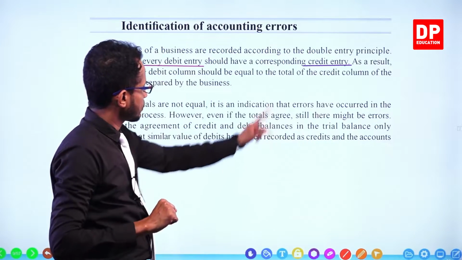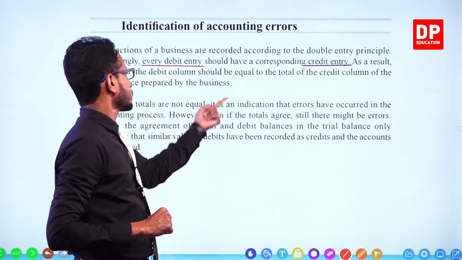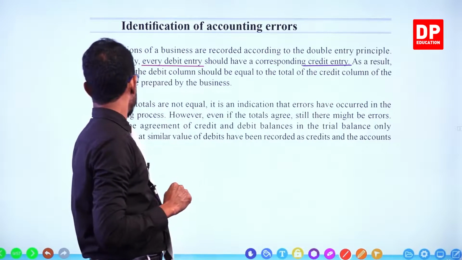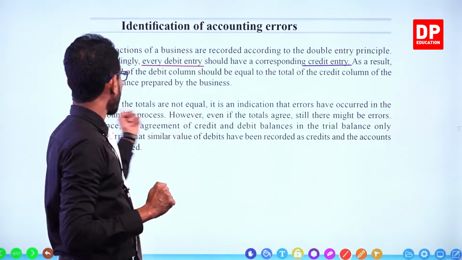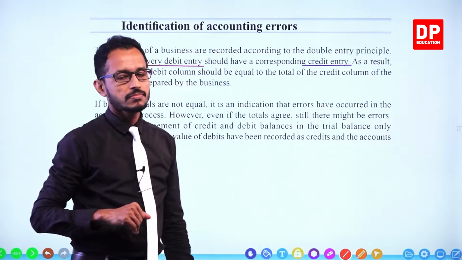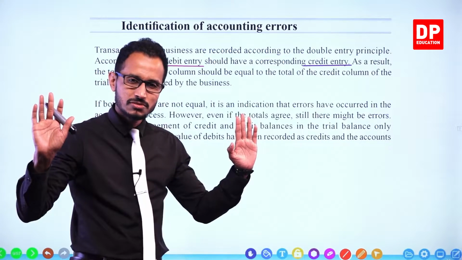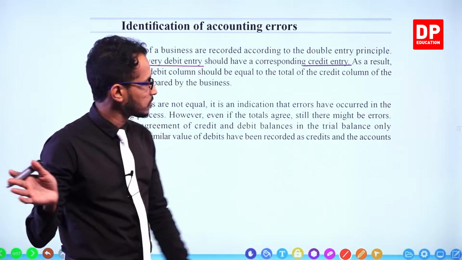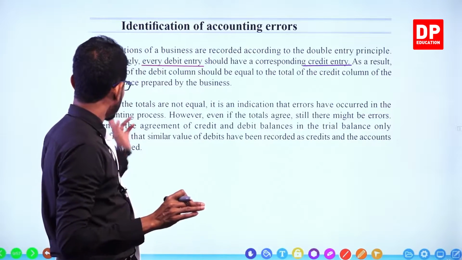That we discussed. But this is the new thing. If both totals are not equal, if the trial balance is not balanced, that is an indication that errors have occurred, which means errors must be there. Simple things, right?